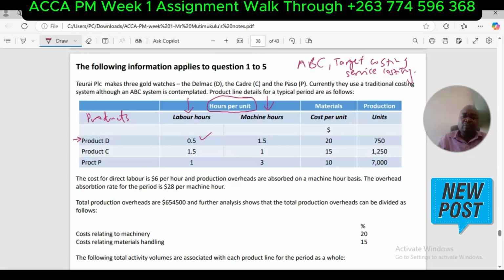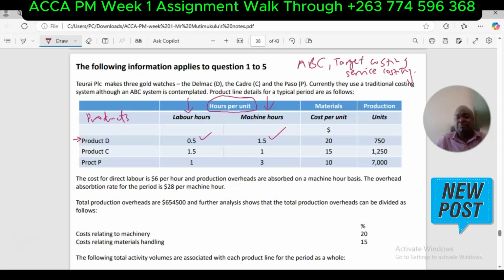And then to produce the same product, you also need machine hours of 1.5 per unit, that is 1 hour 30 minutes. So the product requires both labor and machine hours to be produced.